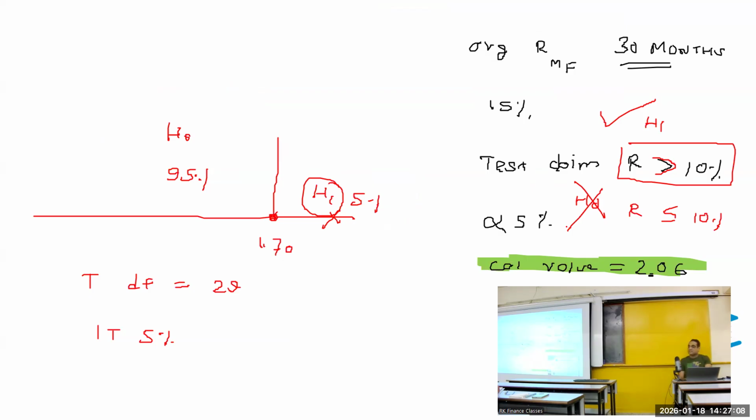Okay, I just saw the calculated value formula in one notebook, Arjun's. The formula for the calculated value again is not in level 2, but there is a similar version. Formula was like this: x bar or average value minus value in the H1, divided by sigma upon square root of n. I didn't give you sigma, so you couldn't calculate this.